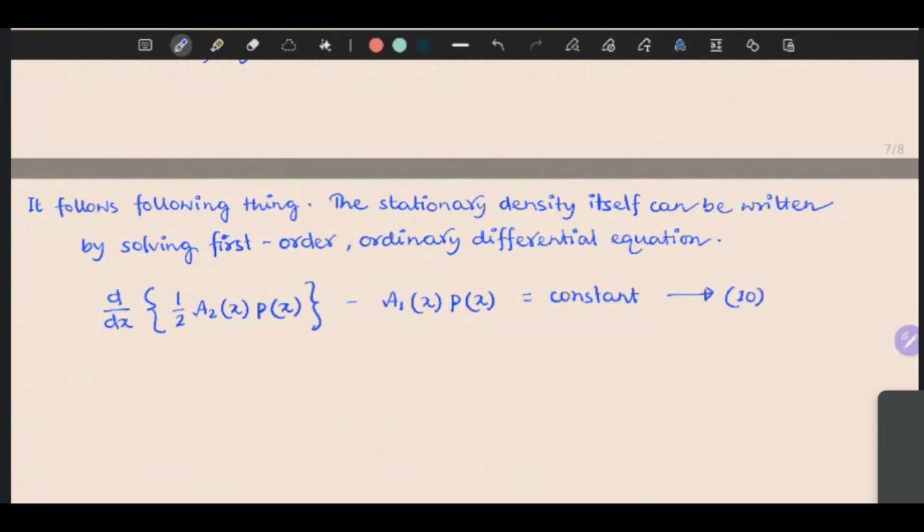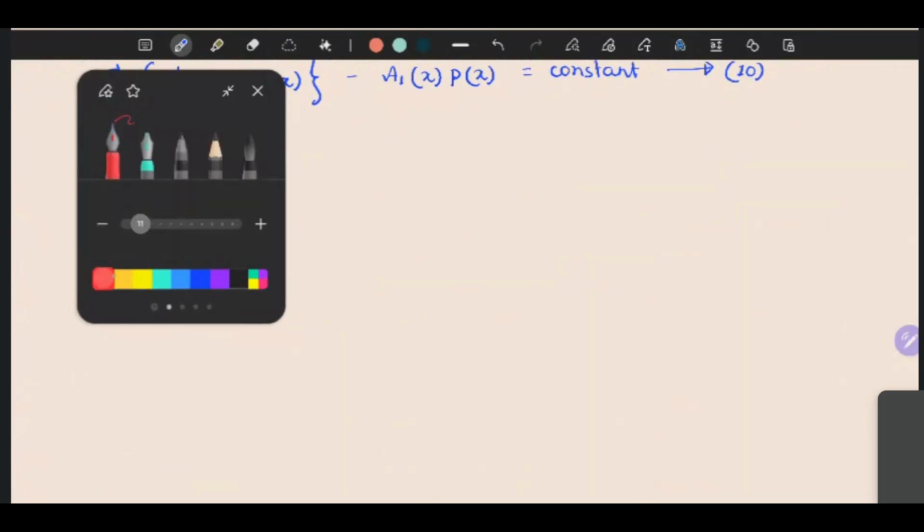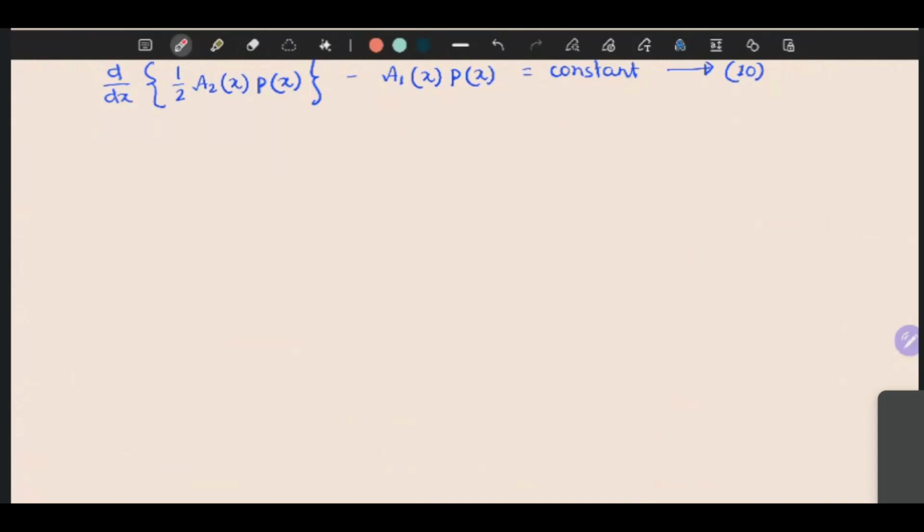So now we will move our attention to a special stationary Gaussian Markov process. Okay, so that process is the OU process, or called Ornstein Uhlenbeck process.